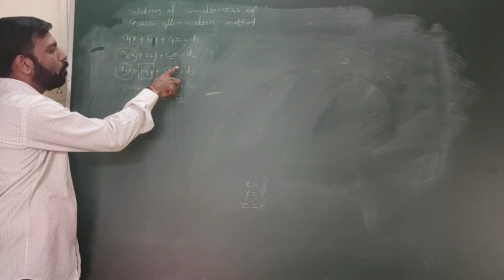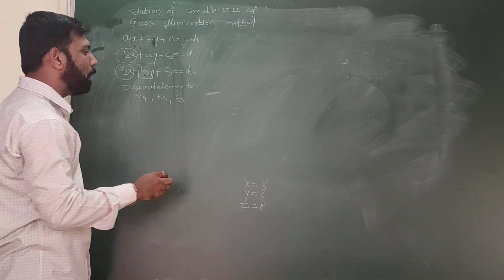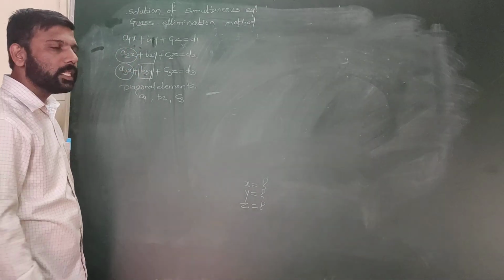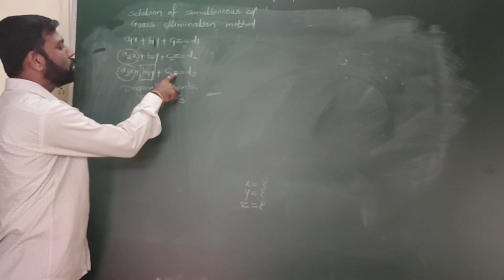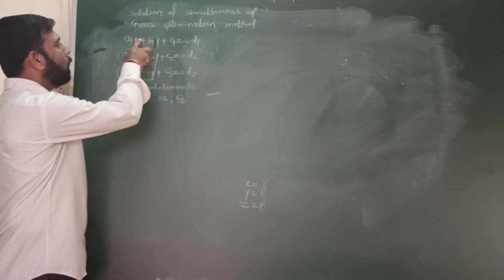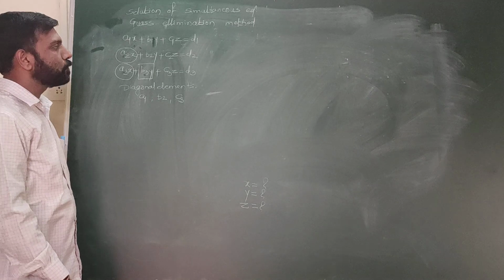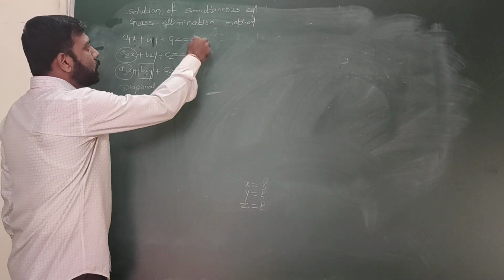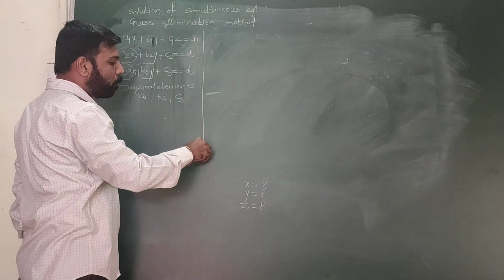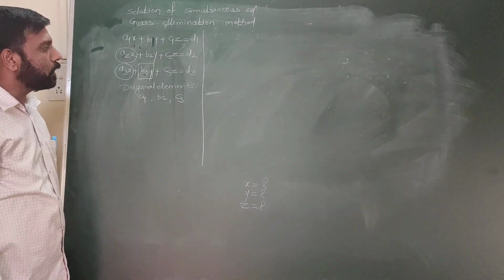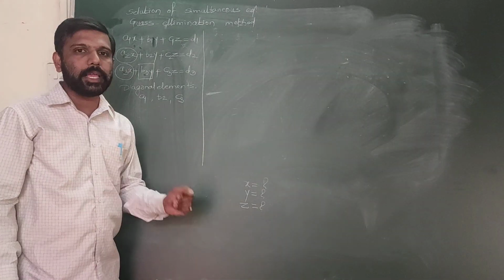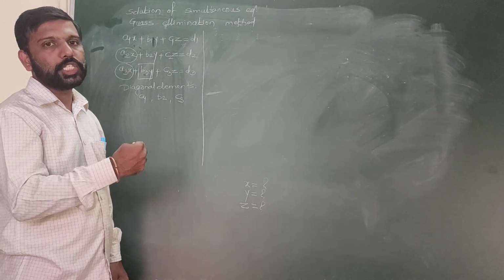Then this procedure is completed, and we'll use backward substitution. By using that, we can find the value of z, then the value of y, and then the value of x. For this, we are defining particular operations, and those operations can be applicable to any system of equations.